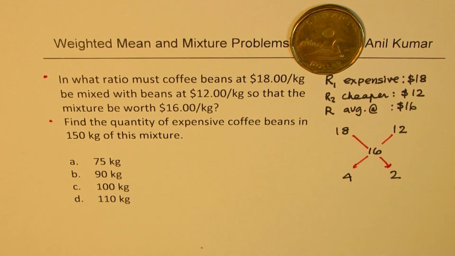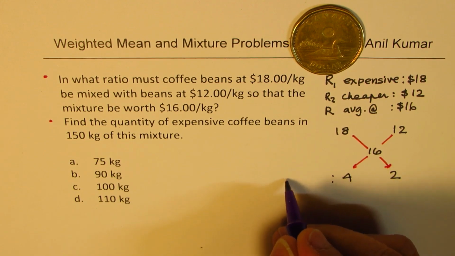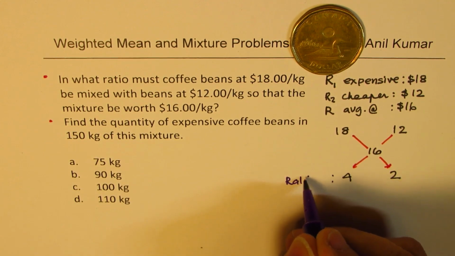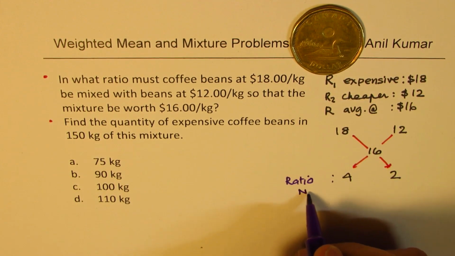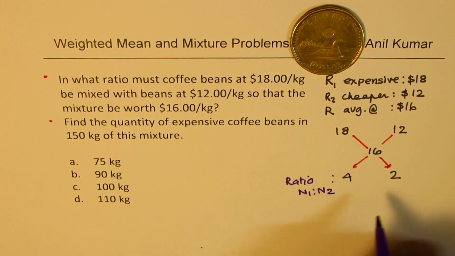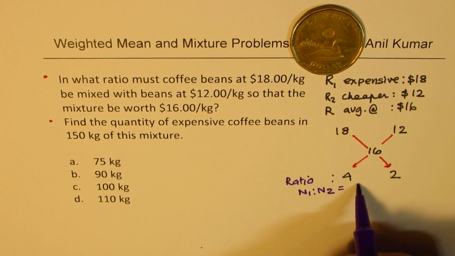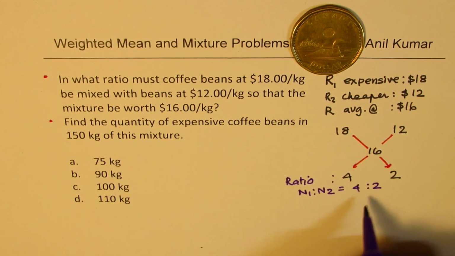Now this gives you the ratio. So that gives you the ratio of R1, which is N1, to N2. What is the ratio of N1 to N2? 4 is to 2, or 2 is to 1.